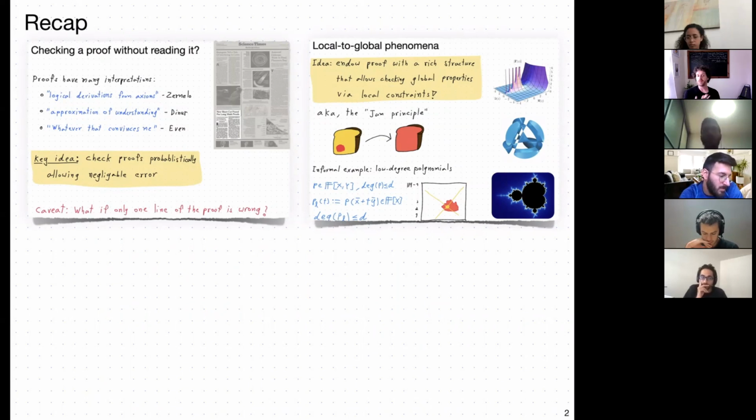And we gave this example of the jam principle, where maybe you have a piece of bread, you want to taste the jam, but it's concentrated, so you spread it uniformly, and then it doesn't matter when you take your bite.